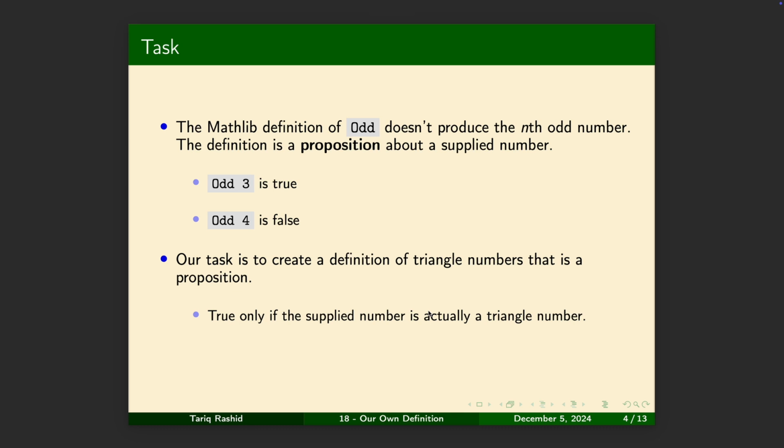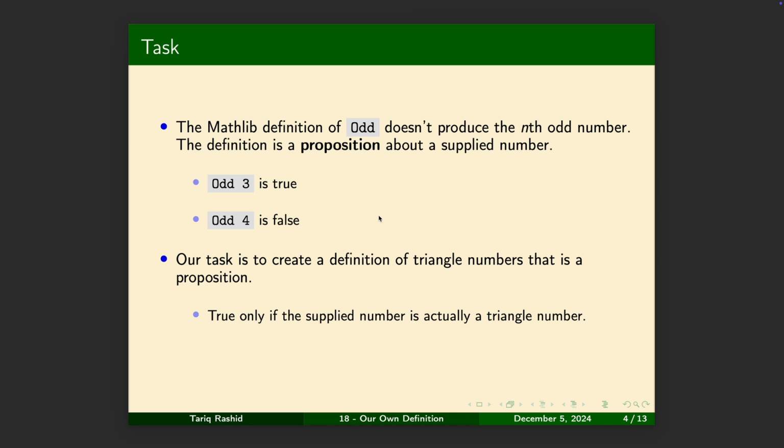It was a proposition, so odd 3 is either true or false. And that's what we're going to do today. So odd 3 is a proposition which is true. Odd 4 is a proposition which is false. So supplying a number to odd returns a proposition which is true or false. That's just a reminder of what we've covered before.